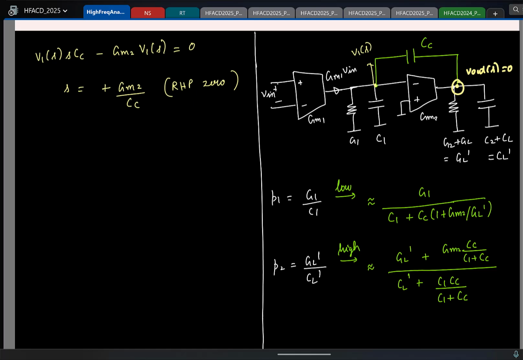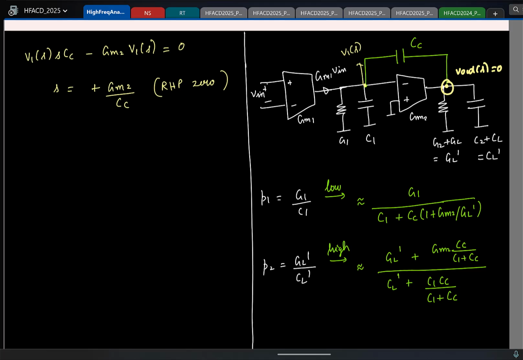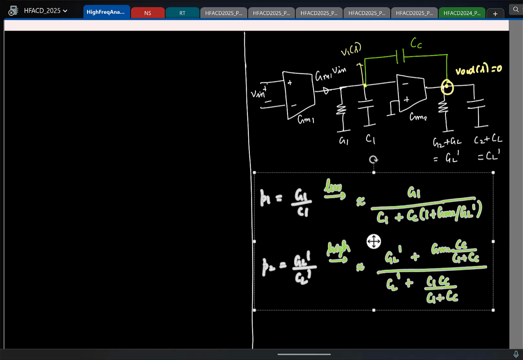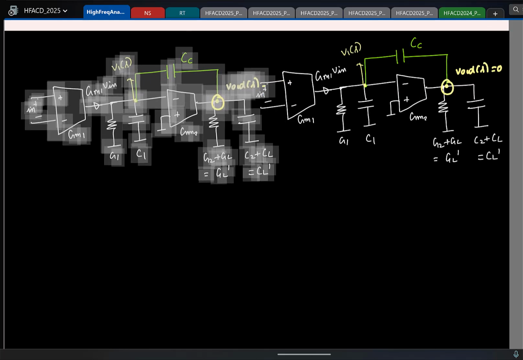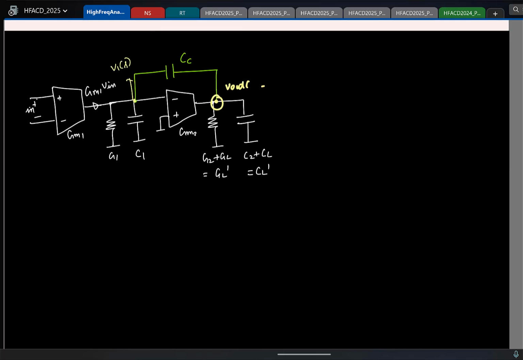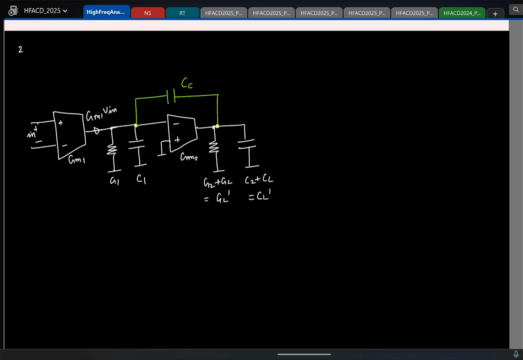So let's look at the phase margin, but before that, let me just summarize the result once again. So what we have here is typically called the two-stage Miller compensated OTA.